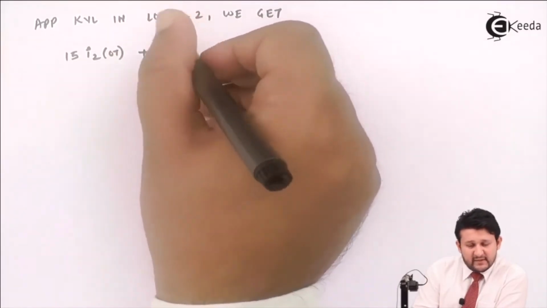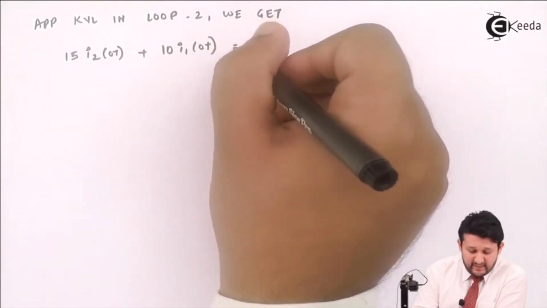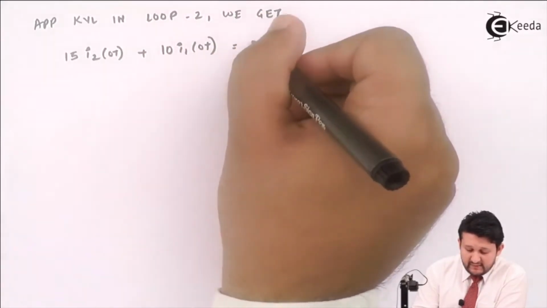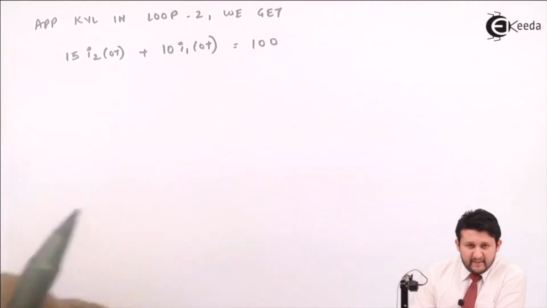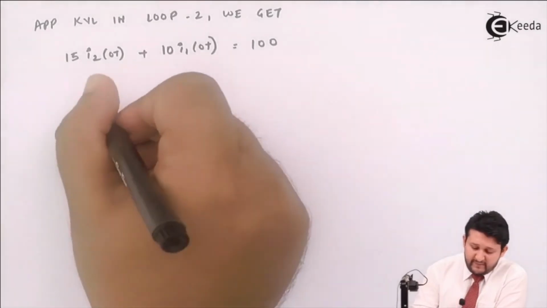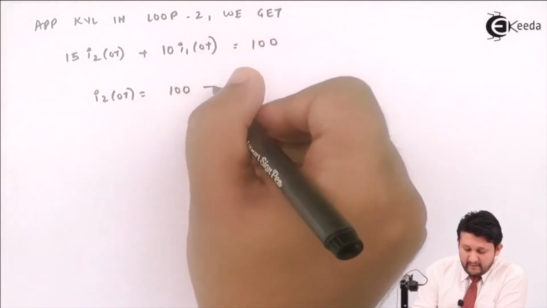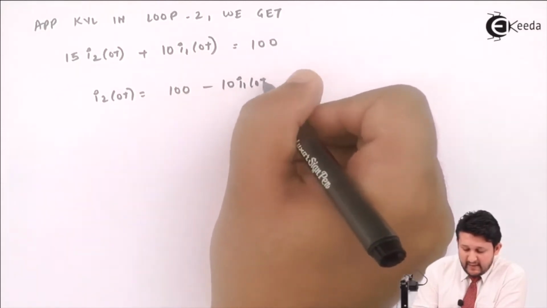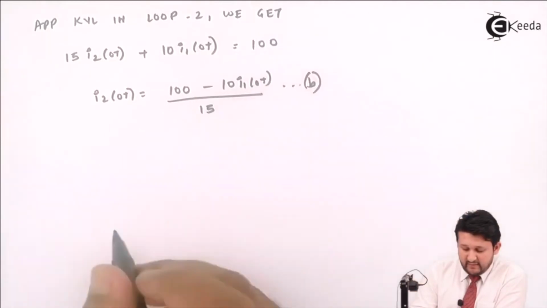Since both are in the same direction, it will be plus 10 I1 equal to the voltage 100. If the current enters the negative, it will be positive. I need the first equation only in terms of I1, so I need to remove I2. So from this equation, find the value of I2. Your I2 will be 100 minus 10 I1 of 0 plus divided by 15. That will be equation number 2.